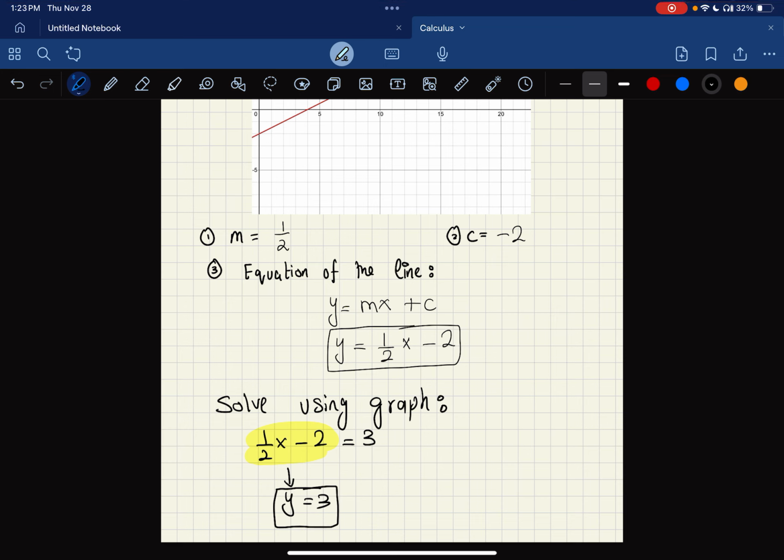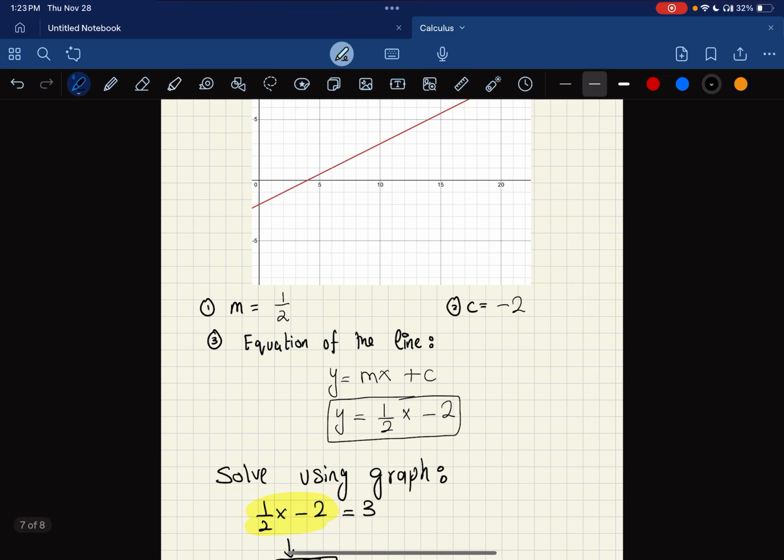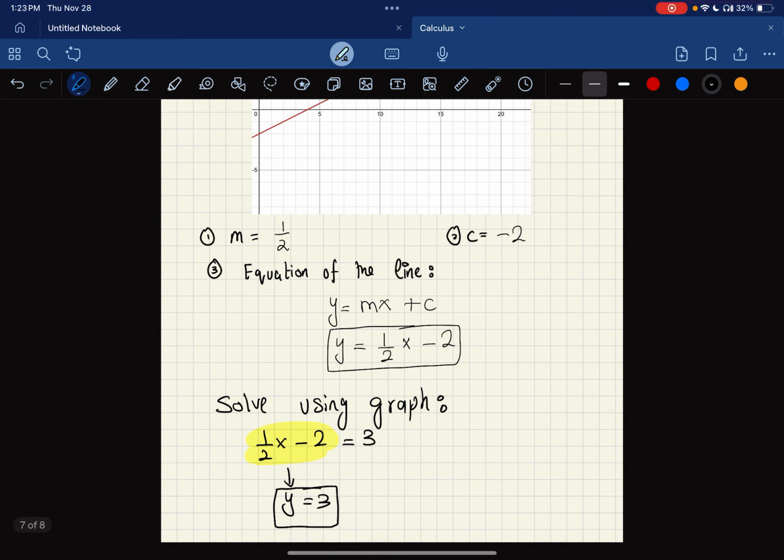And then the question boils down to when y is equal to 3, what would be the corresponding value of x? Okay, that's what they mean by solving these using graph. Whenever they are asking you to solve something, they're probably asking you to just figure out the value of x.